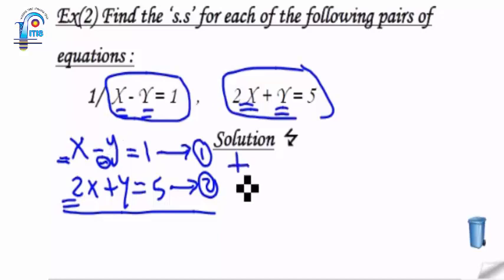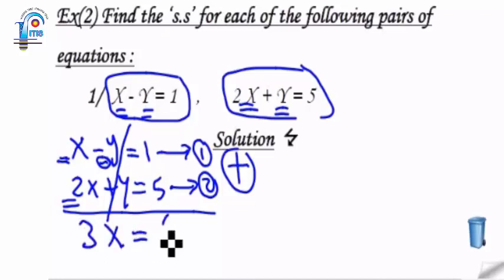If we add the two equations, negative 1 plus 1 will be 0. The coefficient of x here is 1, 1x plus 2x will be 3x. 3x equals 1 plus 5, which is 6. Divide both sides by 3, x will be equal to 2.